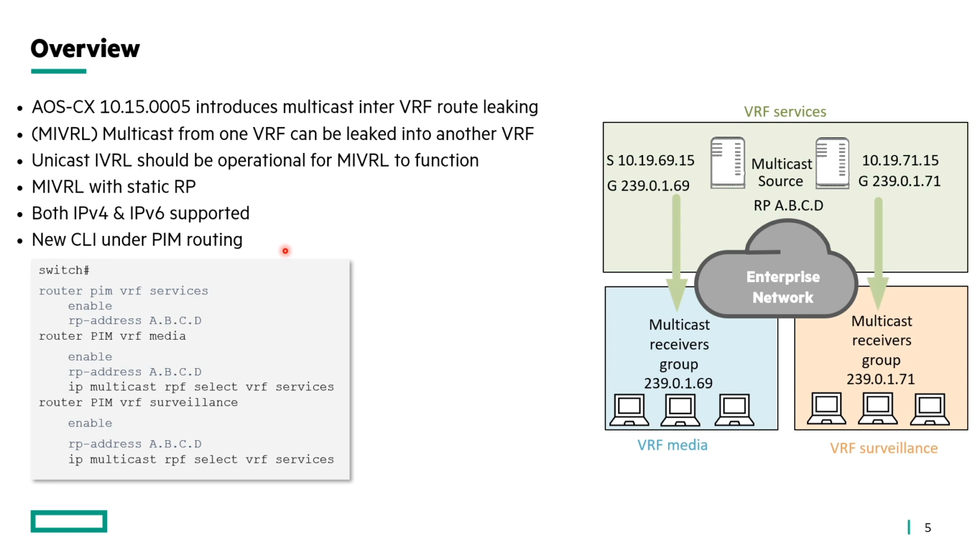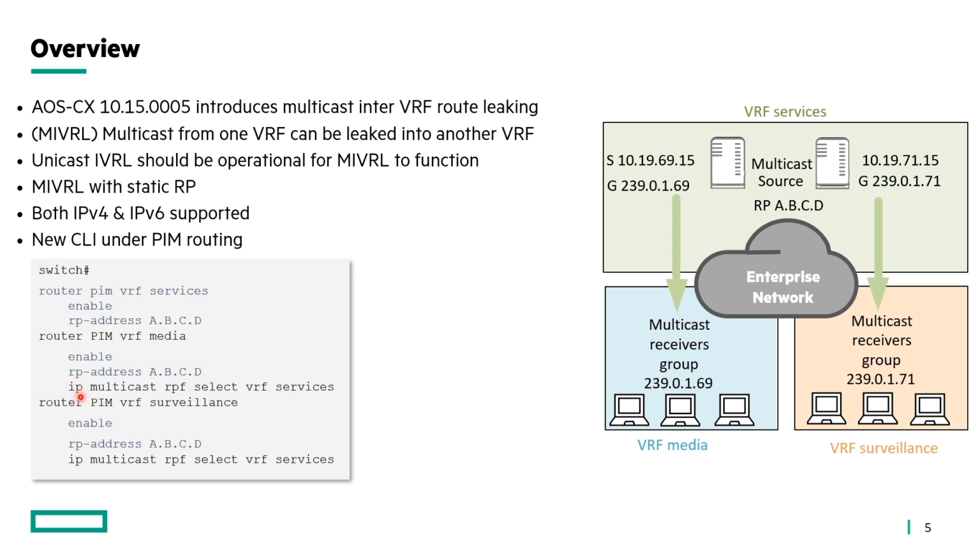The assumption is obviously you have the unicast routing in place. In this example, we have the services VRF that we've identified in this diagram. This is our source VRF. We've enabled it, and we've got an RP in there, which is in that VRF. Then we take VRF media, and again we enable it. We point to the same RP, which has been leaked via unicast routing.